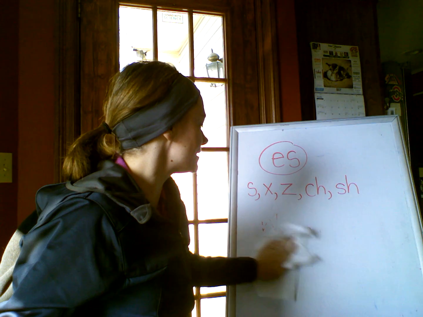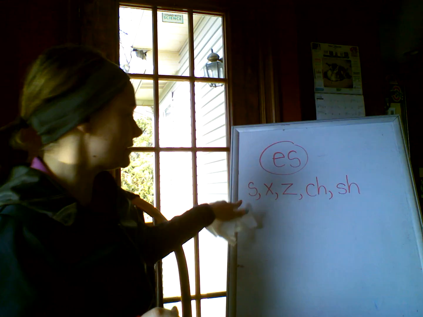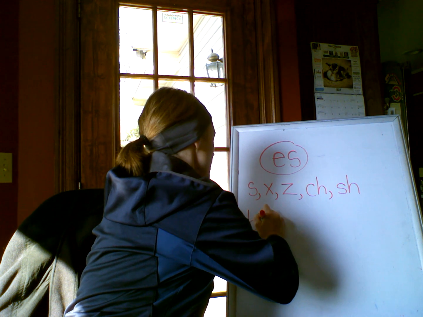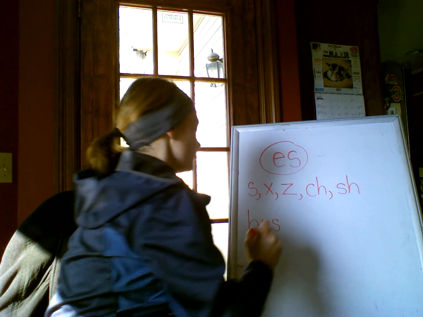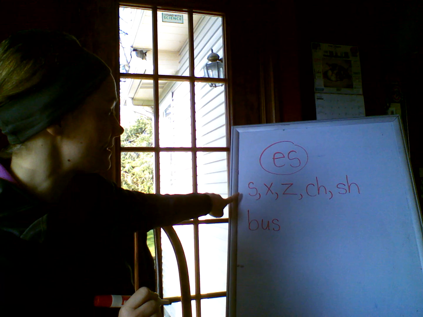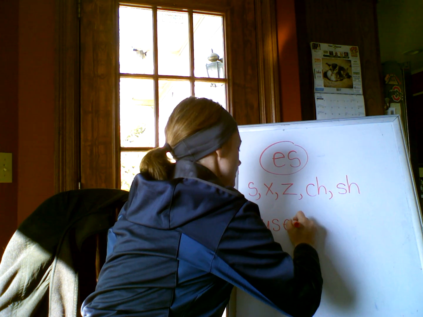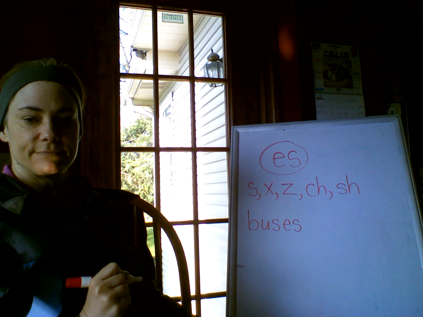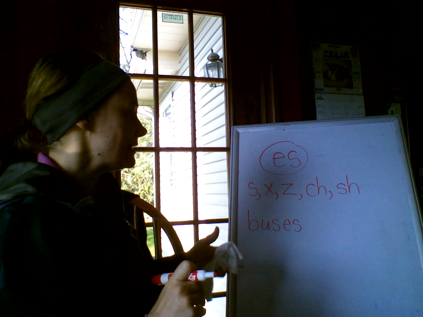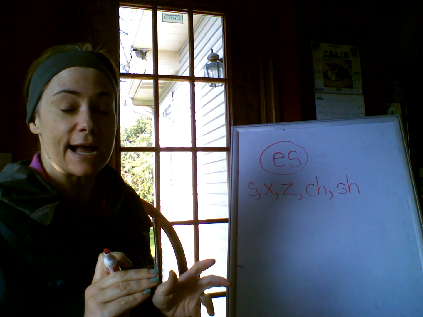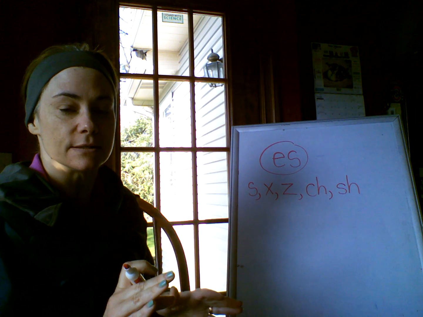Let's do a couple more. What about bus? I talked about that word. Bus. Okay. Ends with an S, so it gets an ES to make the word buses. All right, let's try one with a Z. Okay, let's try buzz.